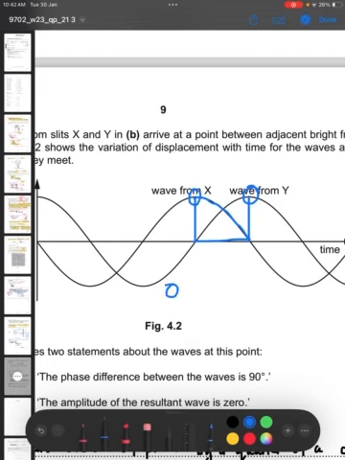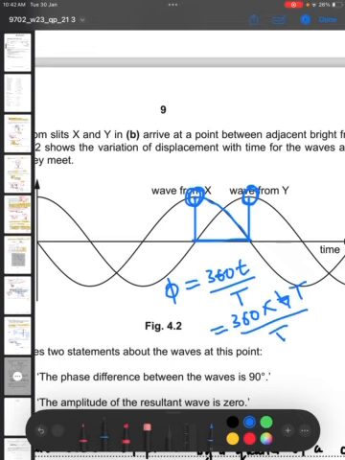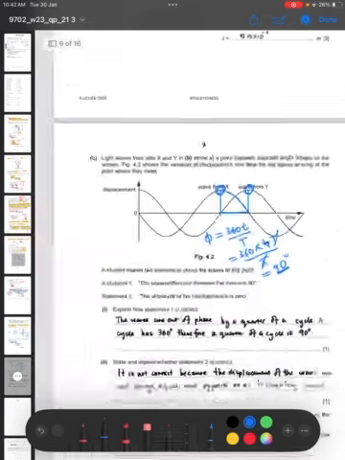So using the formula for first difference, we can say 360 t over T. We know that t, the time taken for this wave to have its own crest after wave X has its own crest, is a quarter of a period. So we write 1/4 T over T. T and T cancel. 1/4 of 360 is 90 degrees. So the first difference between the two waves is 90 degrees.